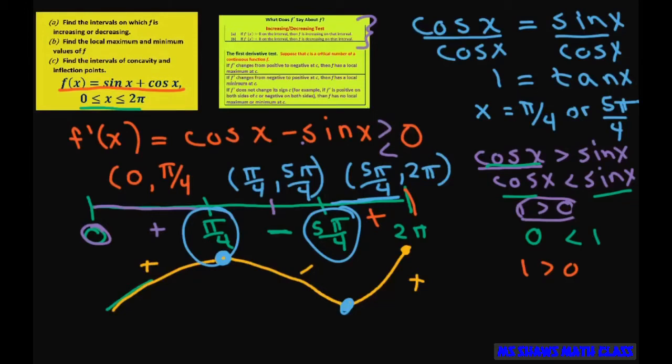So now we have to find the exact values for part B. All we're going to do is evaluate those. So we're going to evaluate f of pi divided by 4, and just plug that in.